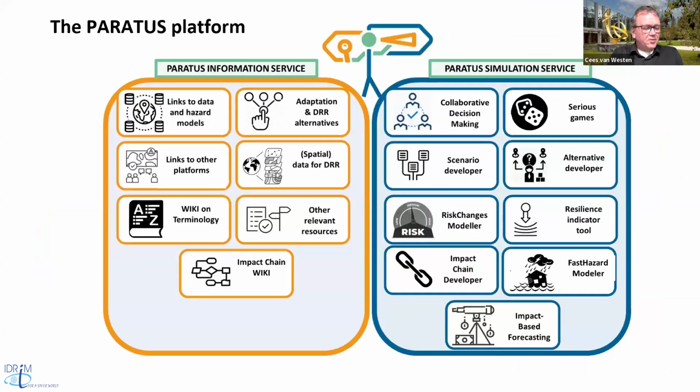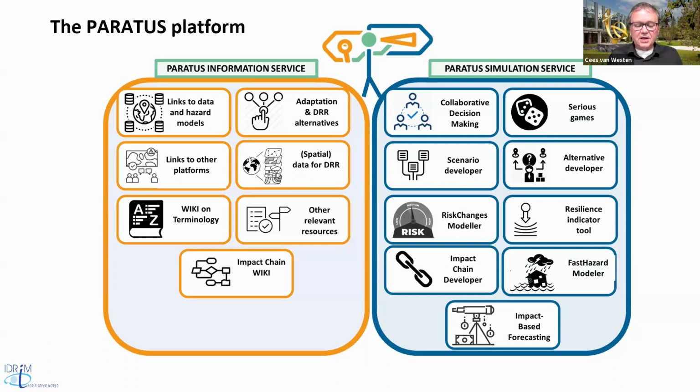And so our platform that we aim to develop is very simplified, looks like this. We have 2 major components. The one component on the left side is an information service component, where we are trying to bring together different information sources that would be relevant for stakeholders.